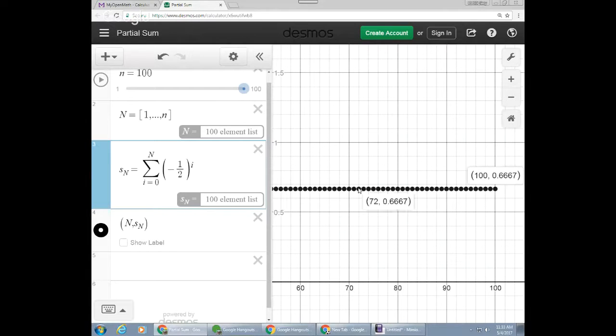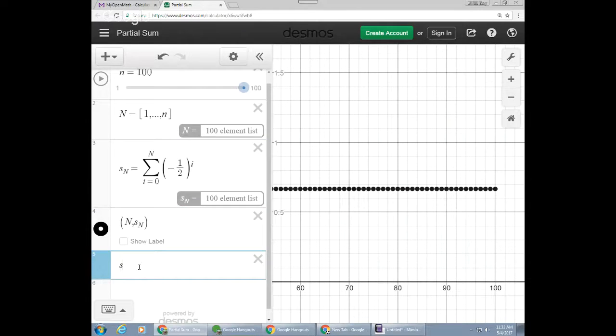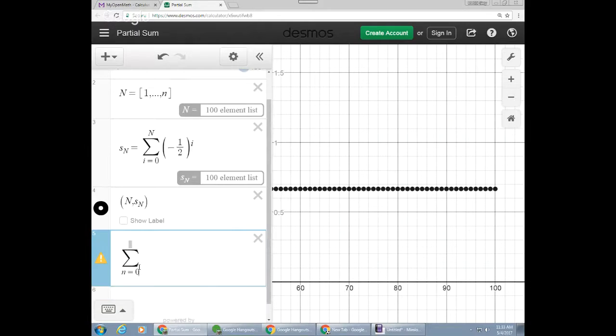This isn't showing us a lot of decimal places, so I could double check by asking for the sum as k goes from 0, I can't use n here, let's use k, of (-1/2)^k. I need to give it an ending point.